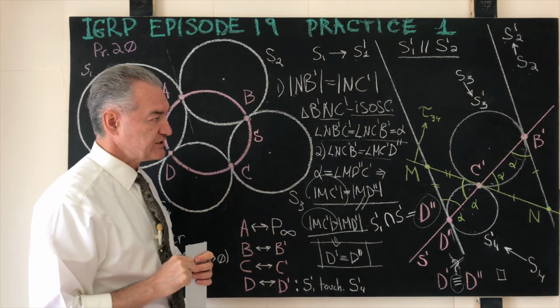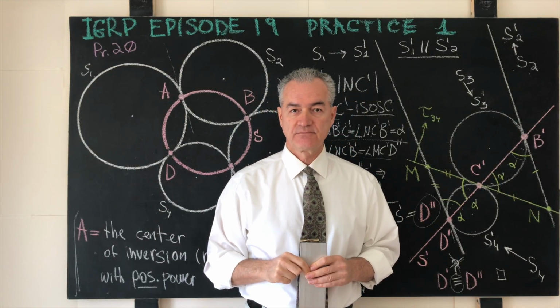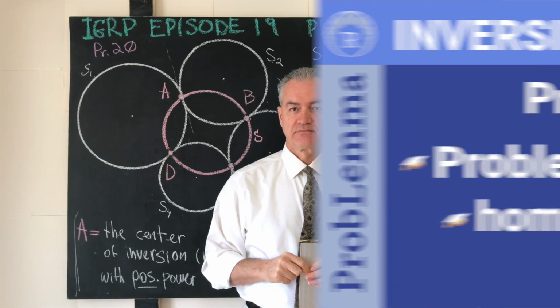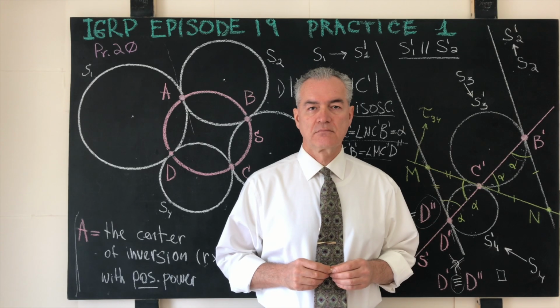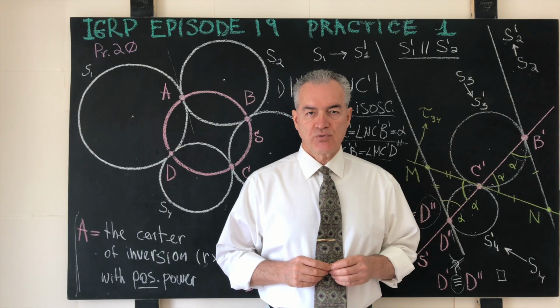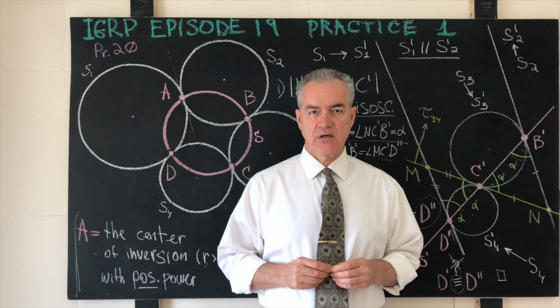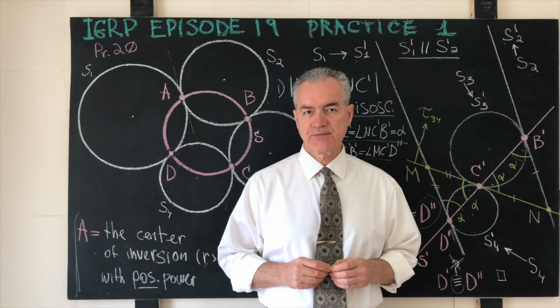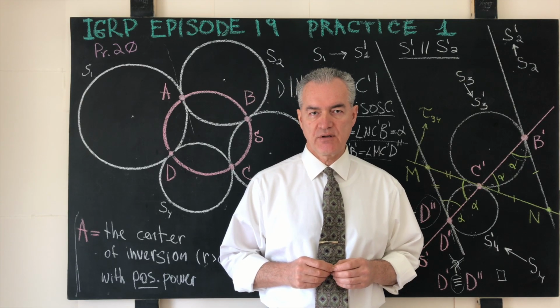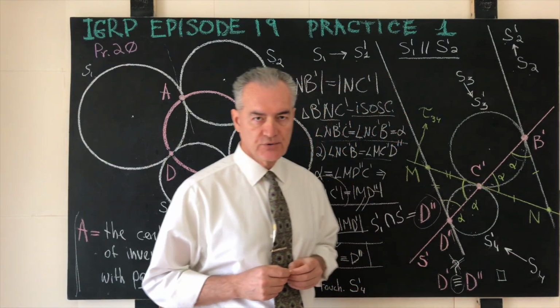And now for the second proof of the same statement, that is based on the idea of homothety. A proof that we are required to generate in the problem number 20 that is based on the idea of using the geometric transformation of homothety is even shorter and even sweeter than the proof that we showed a few seconds ago, and that proof unfolds as follows.